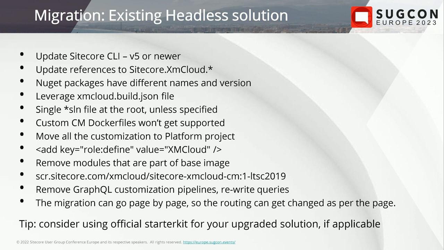And if you had, you need to rewrite your queries correspondingly. You can do migration page by page, so that routing can be changed page by page as well. But I would recommend you consider using the official starter kit for your upgraded solution if that is applicable.